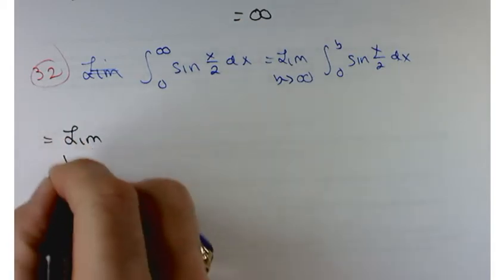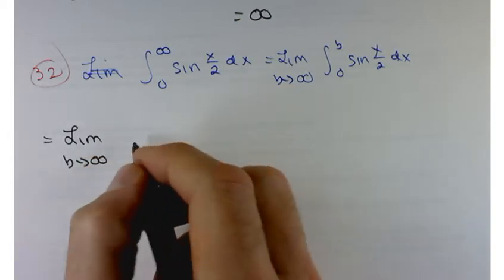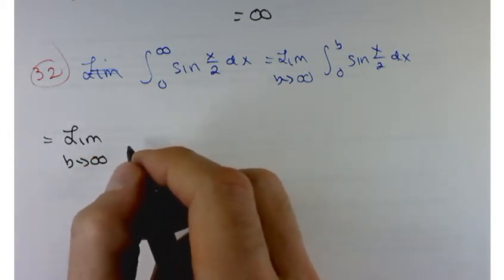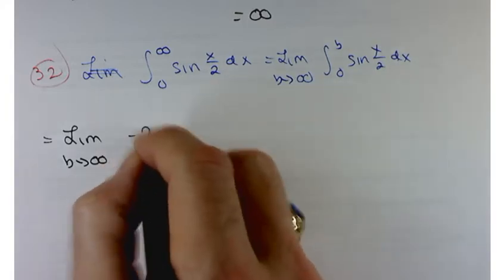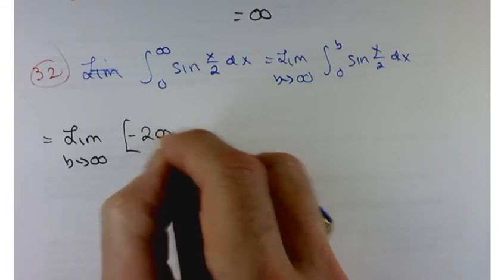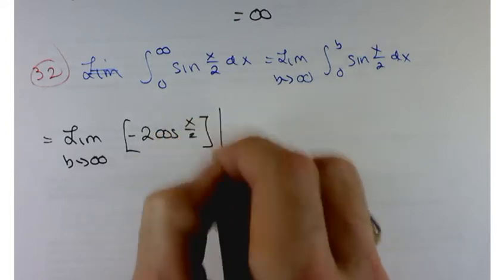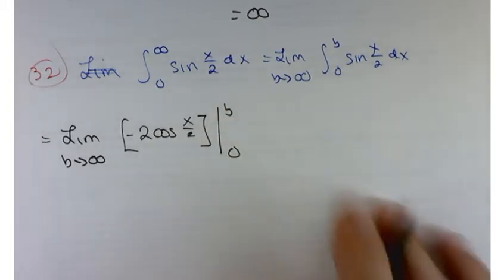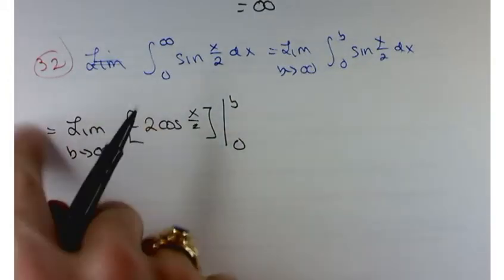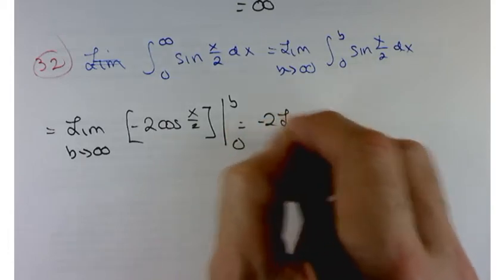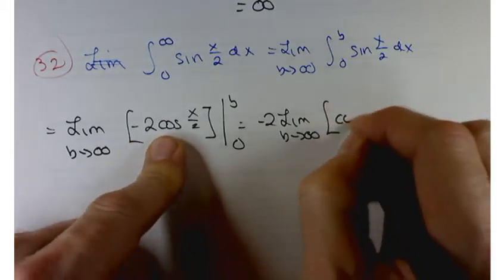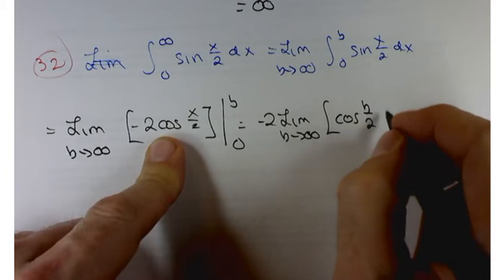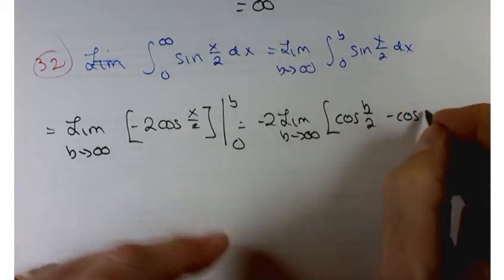It's going to be the limit as b approaches infinity of, what, 2 cosine, no, minus 2 times the cosine of x over 2, between 0 and b. Let's take the minus 2 out. Minus 2 times the limit as b approaches infinity of the cosine of b over 2 minus the cosine of 0 over 2.